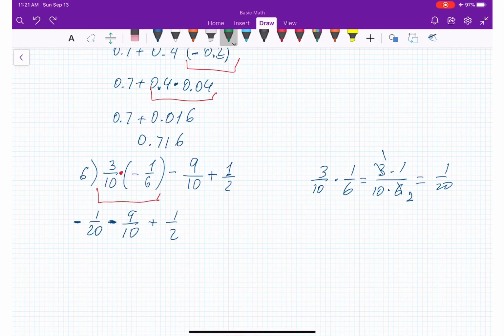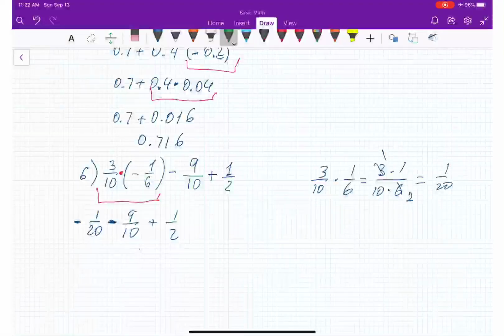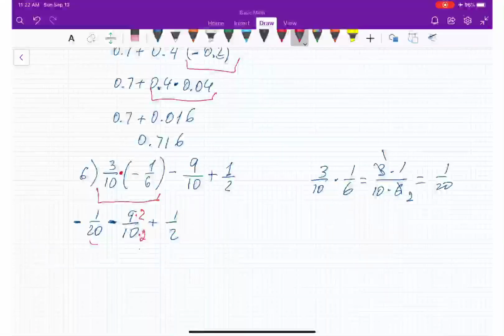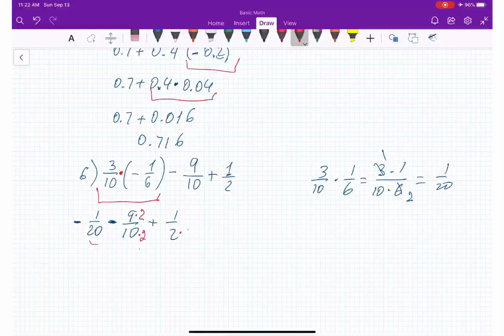Because it's all subtraction and addition, if I bring all of them to the same common denominator, which is going to be 20, 20, 10, 2. 20 is divisible by 20, 20 you can divide by 10, 20 you can divide by 2. So we are bringing to 20. Now, the first one we have 20, we don't need to touch. 10 times 2 to get 20, which means here also times 2. Here 2 times 10, that means here also times 10.